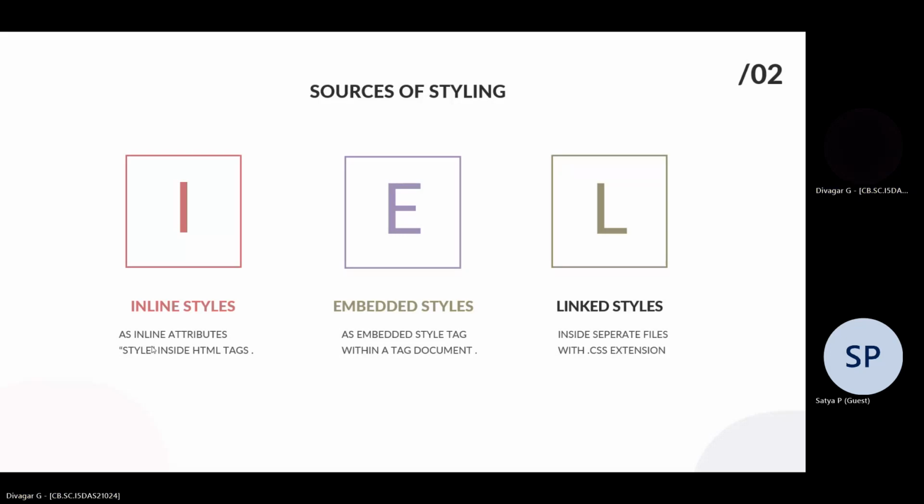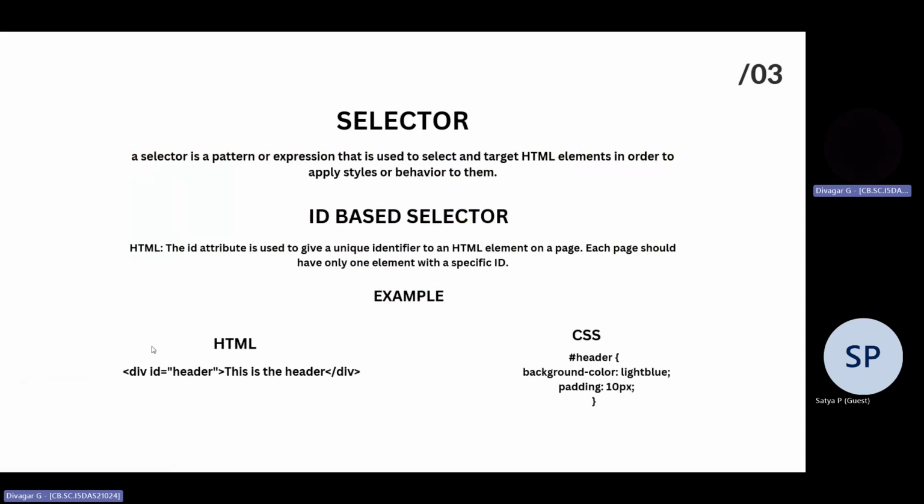That's it. Next is selectors. What are selectors? Selectors mean the targeting element. They are used to target a particular HTML element, or a set of elements. Next is IDs. The ID attribute is used to give a unique identifier to an HTML element on a web page.